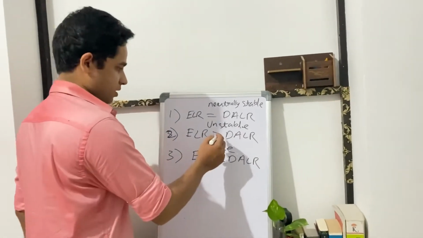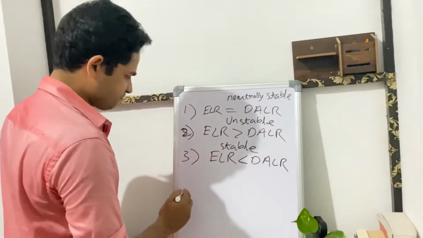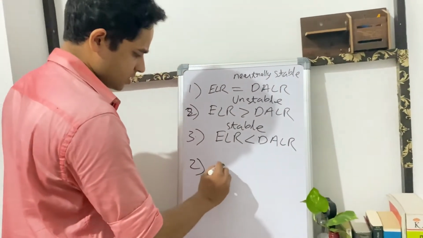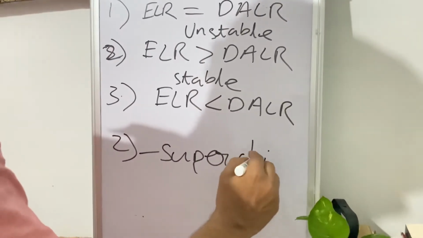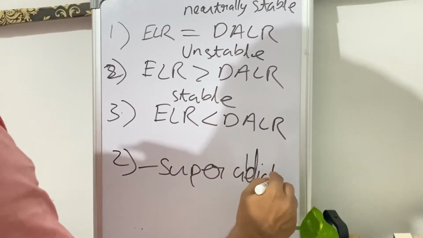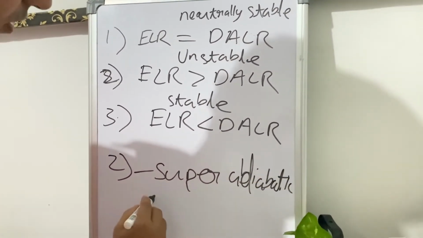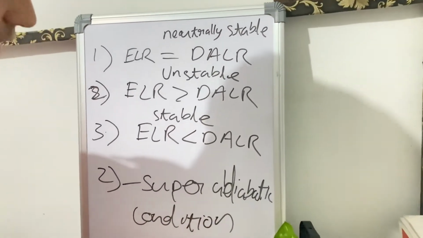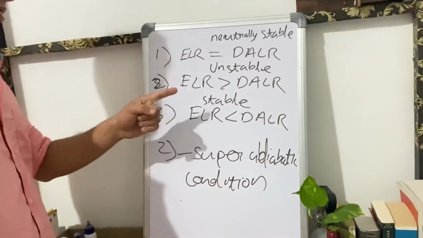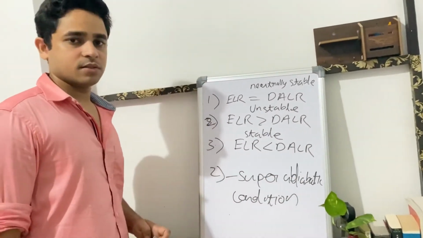Of these three cases, the second case is called super adiabatic condition, because of the instability that arises due to the second case. Okay.